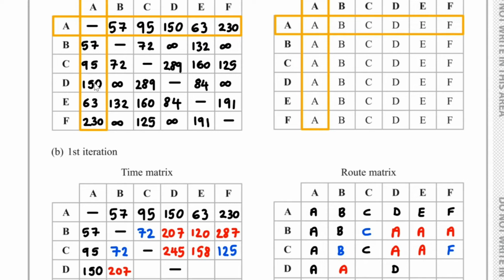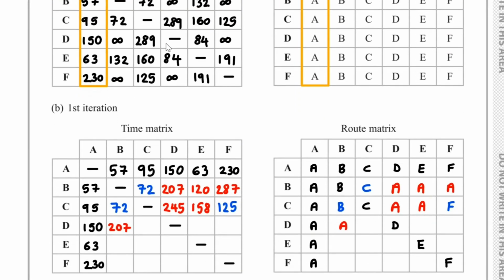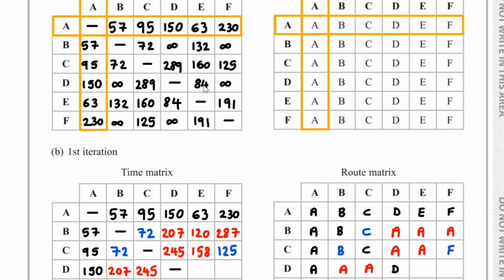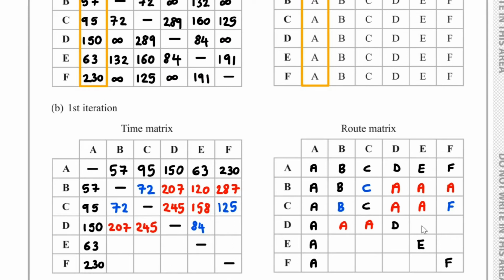So 150 plus 95, that's 245. And the C here will change to an A. Now we compare the 84 with the sum of 150 and 63. 84 is definitely smaller, so this remains unchanged, and the element here will remain as E.